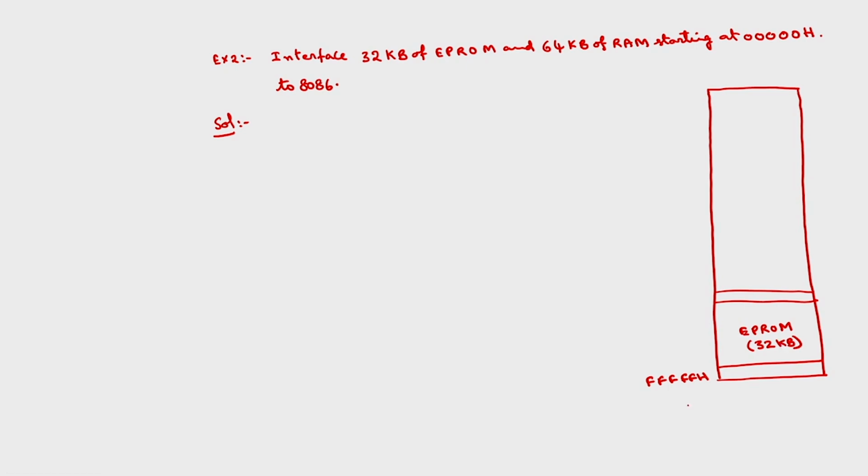As I have discussed in the earlier class, 1K means 3FF. 2K means you have to add 7FF. 4K means FFF. 8K means 1FFF. 16K means 3FFF. 32K means 7FFF.